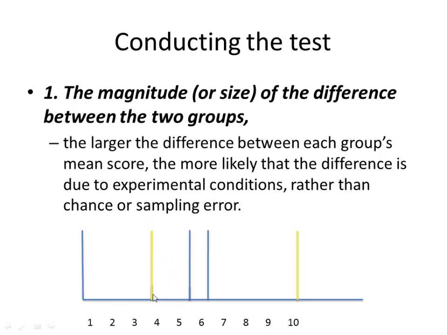So again, if we're thinking about males and females, or control and treatment groups, if this was the treatment group scoring means of around 10, and the control group was scoring means of around 4, just looking at that we would be more likely to think that there is a meaningful difference based on our treatment.